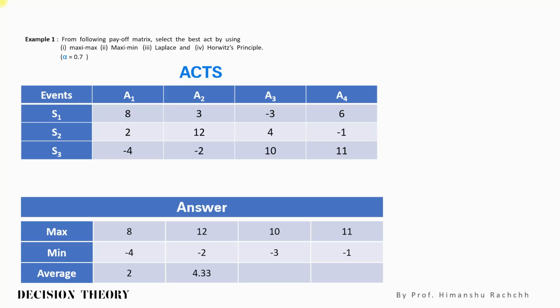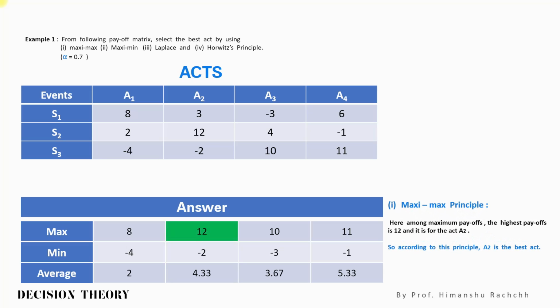So we get average payoff 4.33. For the act A3 average payoff is 3.67 and for the act A4 total of 3 payoffs divided by 3 is 5.33. So in this method for each act we find maximum, minimum and average payoffs.